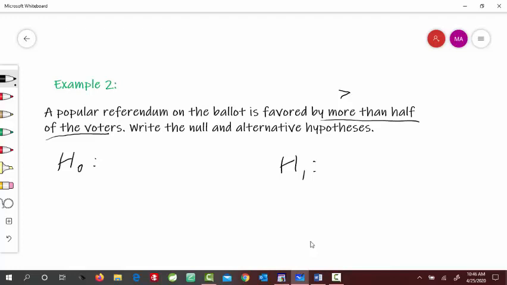The null hypothesis always comes with an equal sign, so p equals half of the voters, 50%, written as 0.50. The alternative would be that the proportion is greater than 50%, so 0.50.